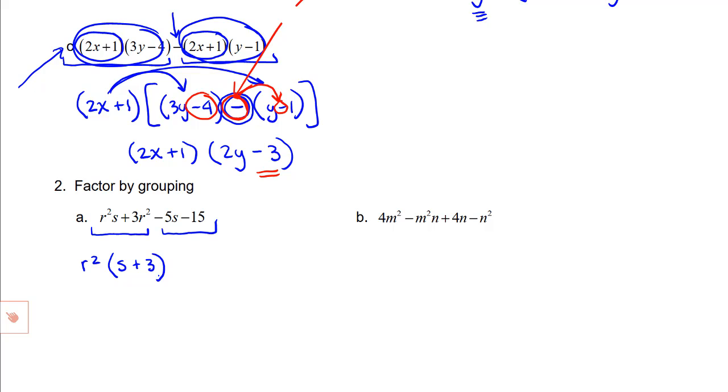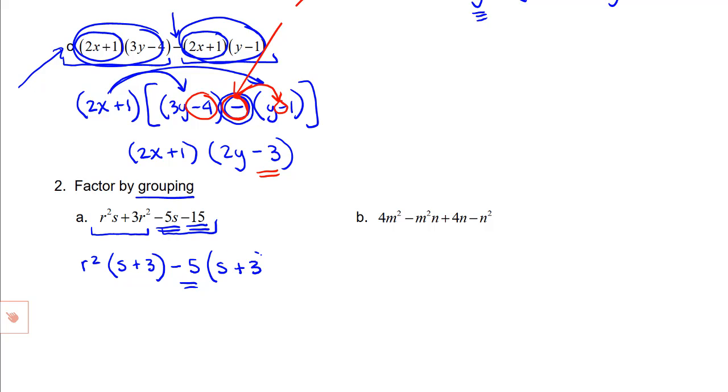So taking the first two by themselves, grouping these 2 by 2, I have that. The last two have what in common? 5 isn't bad. Negative 5 is better. There's that sign thing again, right? We're going to get better at the sign thing. Negative 5 times what is negative 5s? Positive s. Negative 5 times what is negative 15?